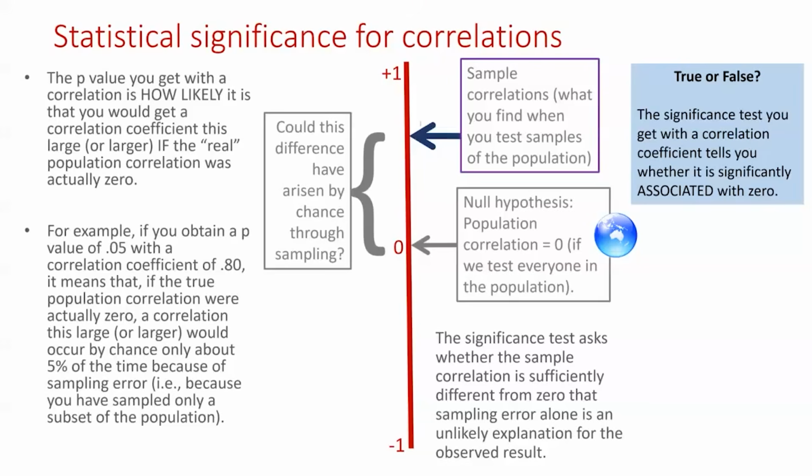True or false? The significance test you get with a correlation coefficient tells you whether it is significantly associated with 0. That is false. The significance test is more telling you whether the correlation coefficient you're seeing from your sample is significantly different from 0.